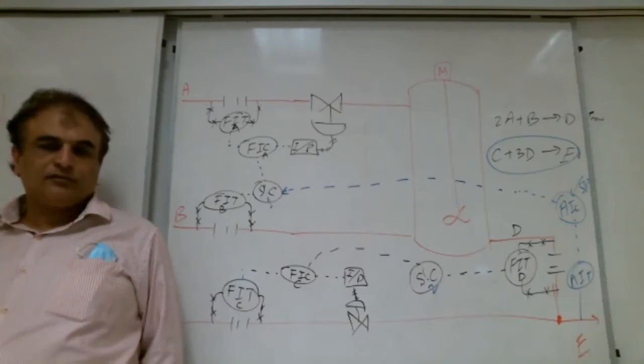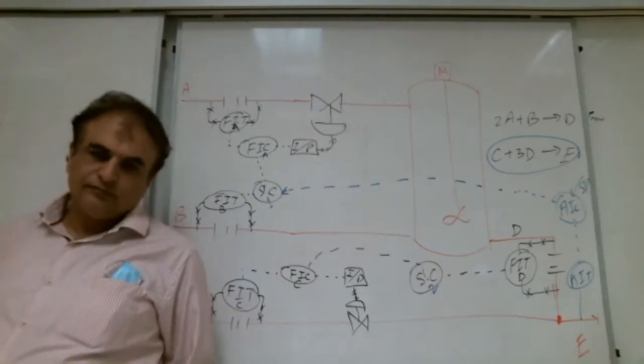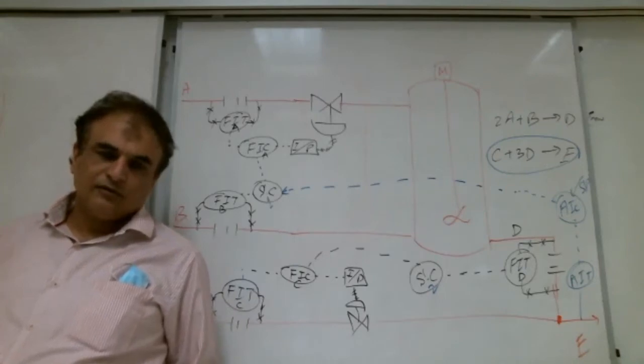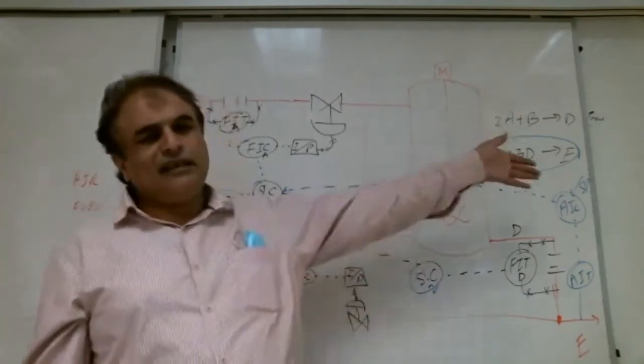Teacher, why do you write 2A plus B equal D, C plus 3D equal A? Is it true? I think this is given. This I am not writing. This is given in the question.